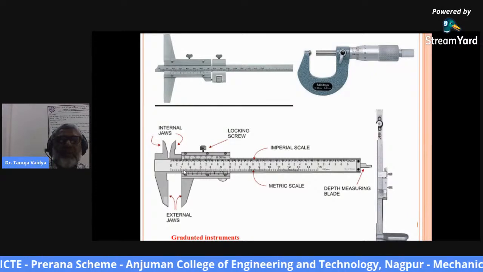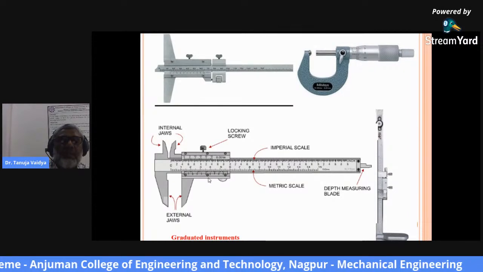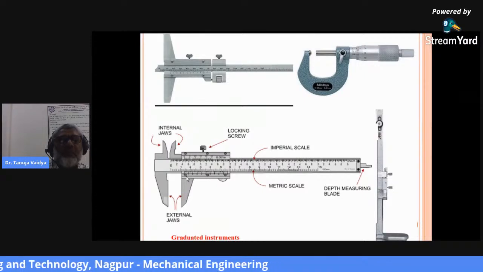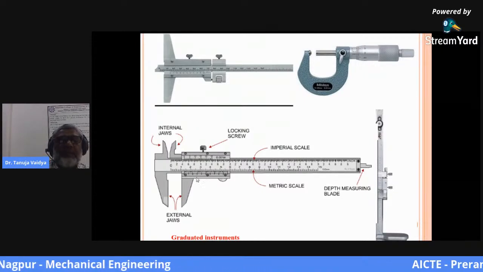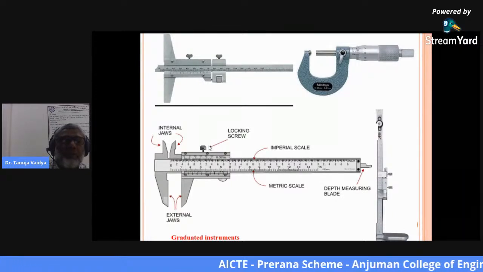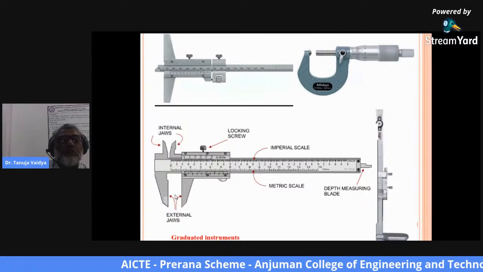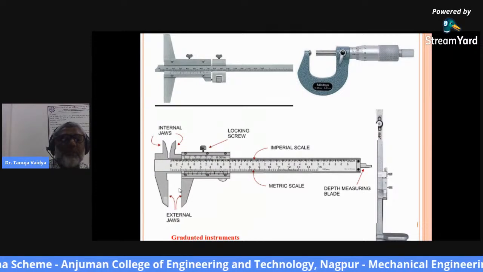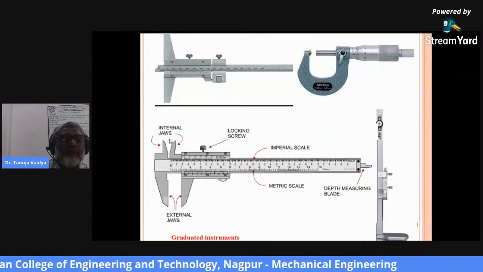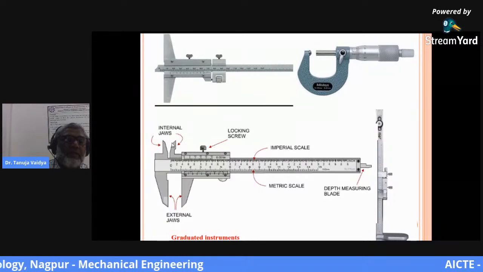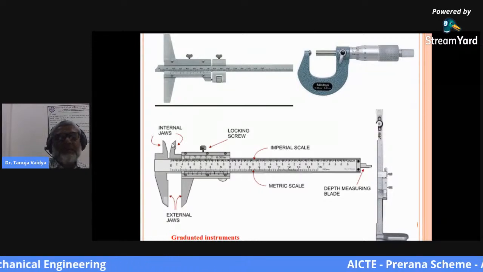Another jaw is the moving jaw, which is attached to the vernier scale. This is the main scale, this is the vernier scale, and this is the locking nut. These jaws are used for checking external diameters, and these jaws are known as internal jaws. They are used for checking inside diameters.